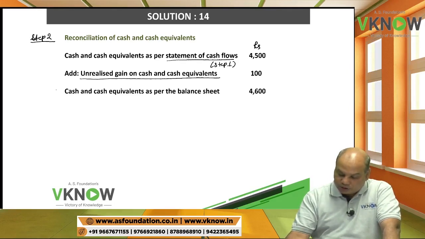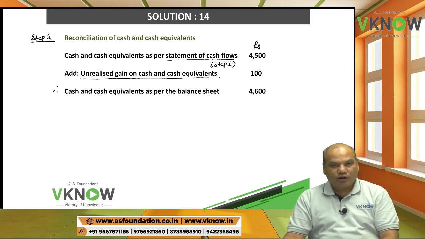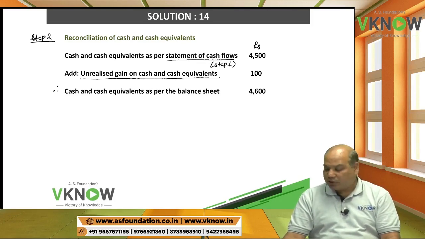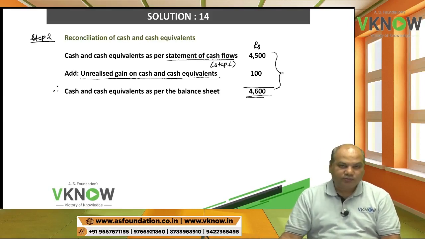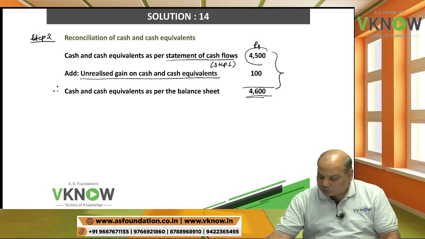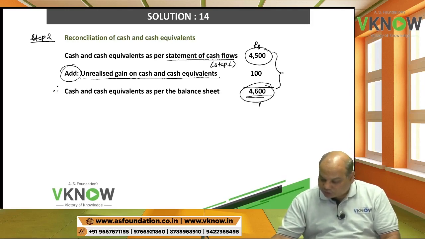Therefore, cash and cash equivalent as per balance sheet 4600. This is called reconciliation. You will take cash flow statement figure plus minus unrealized gain or loss, and this is balance sheet. This amount will reflect in the balance sheet of the company.